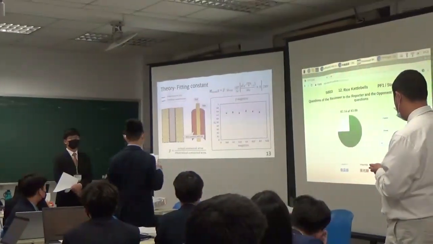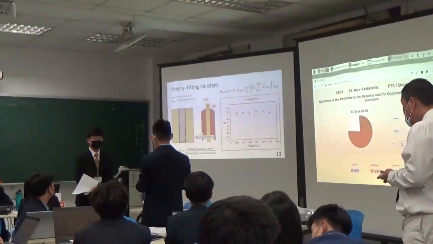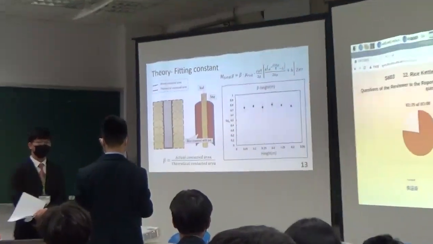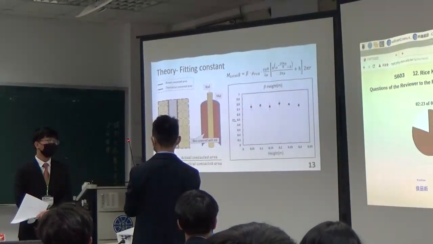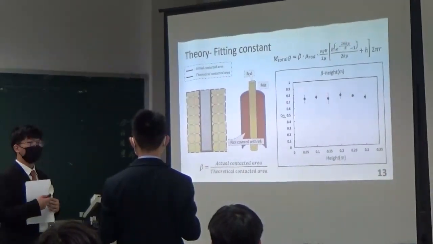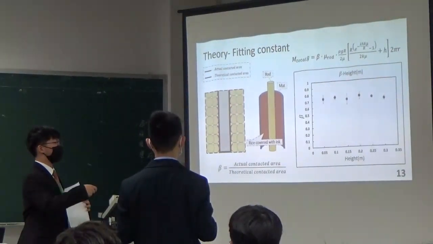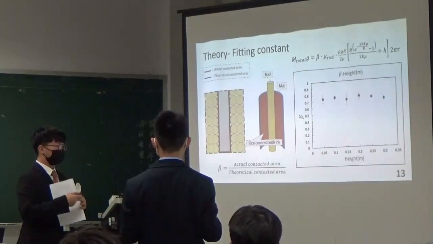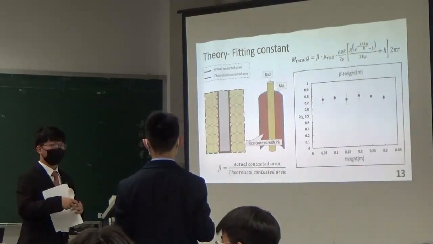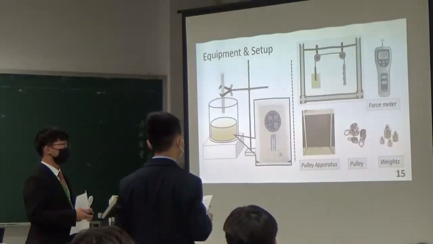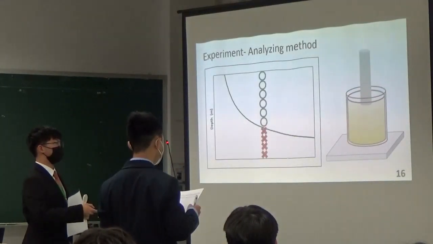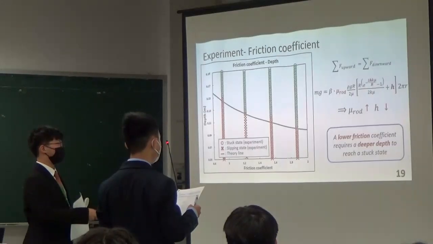Okay. This question. For the density of rice, did you consider the actual volume or the container volume? We calculate the average value, which is when we measure the container full of rice, and we calculate the average density in our experiment.